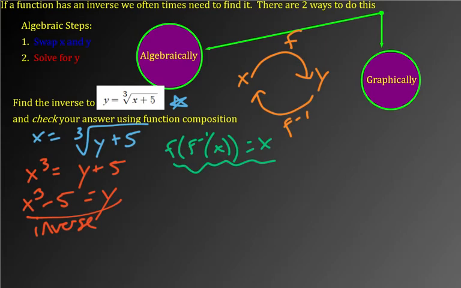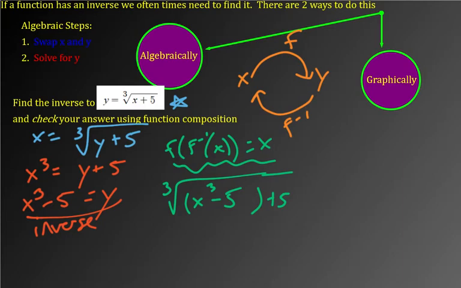So I'm going to take the cube root of something plus 5, which is my f, and the thing that I'm going to take it of is x cubed minus 5. That's composing the function, sticking the inverse into the original function.